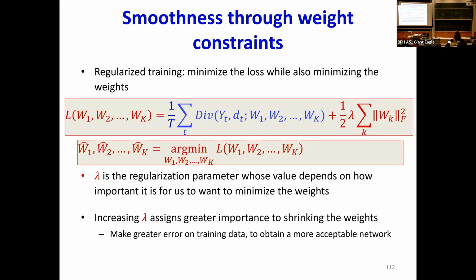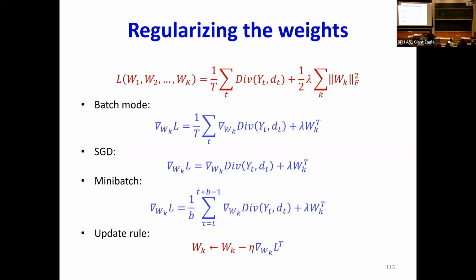If lambda becomes 0, you're going to learn this crazy thing. If lambda becomes very large, you're basically going to end up learning nothing because you'll just force the weights to go to 0. So there's some optimal setting of lambda that you typically have to figure out. But solving this gives you the modified training, which gives you the constraint that we spoke of.